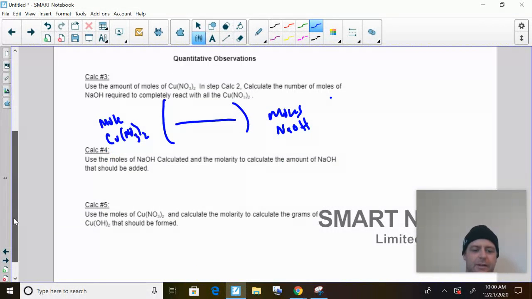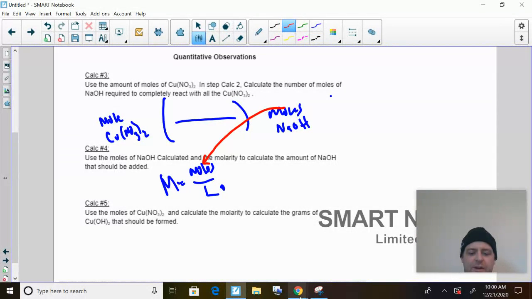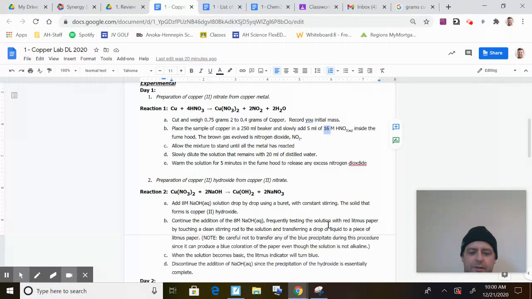Okay. The next thing will be calculating the molarity. So molarity is moles over liters. All right. We want to calculate how many liters we should add. So we're going to take this number, plug it in there. Let's see what the concentration of sodium hydroxide is.